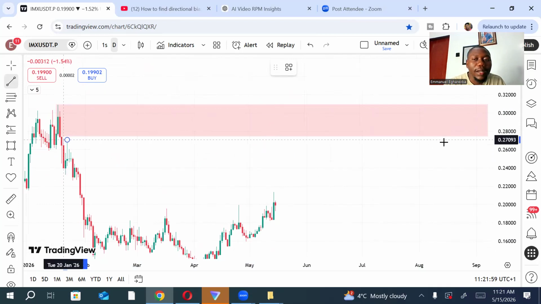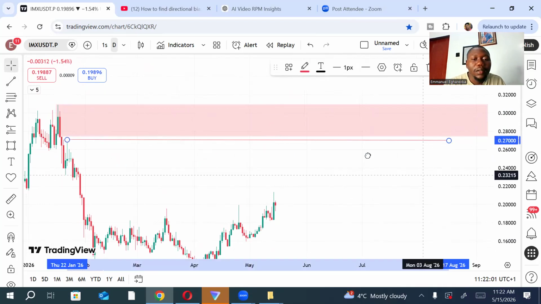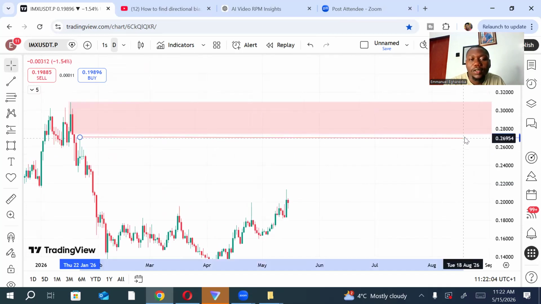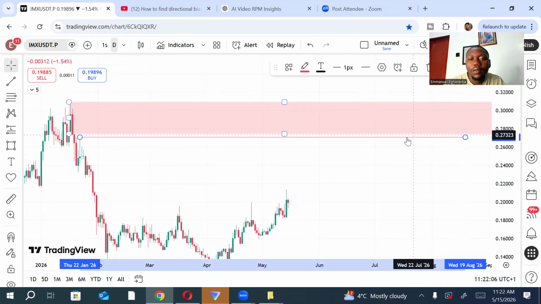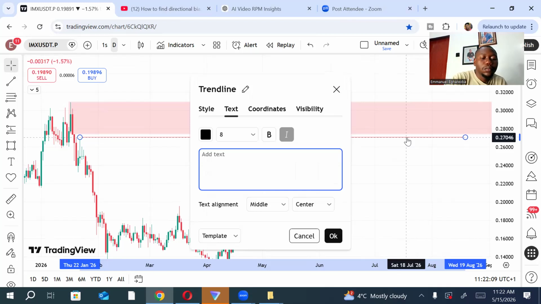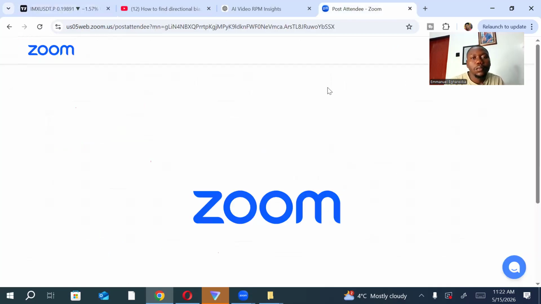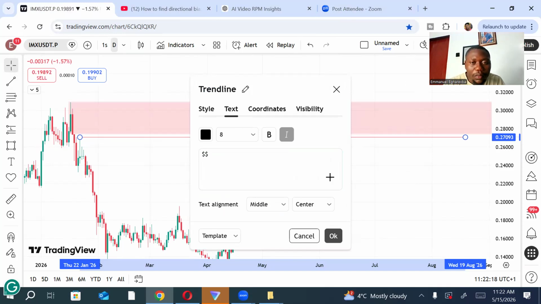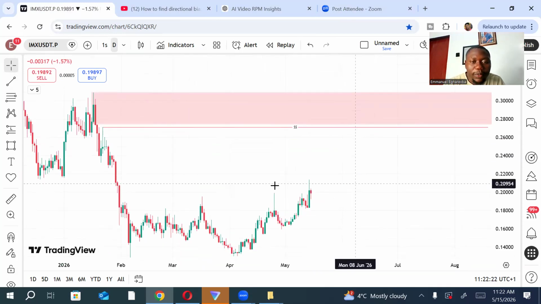This is looking like an inducement. It is an inducement actually, and price is already showing us bullish intent.